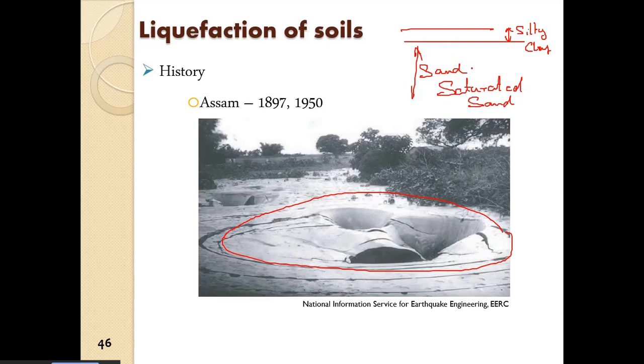So what happens is when this sand liquefies, it comes out, and there are cracks in the upper layer, and then the sand boils up. After the dissipation of pore water pressure, there is a huge amount of settlement, right? So that is why you can see these vents from which the pore pressure was released, all right. There was sand boil.